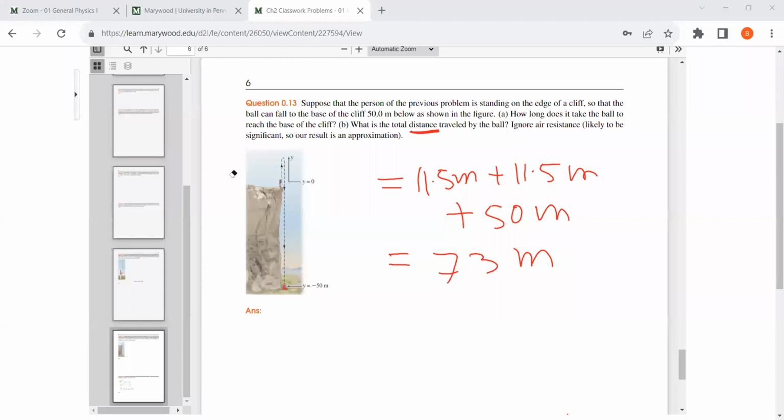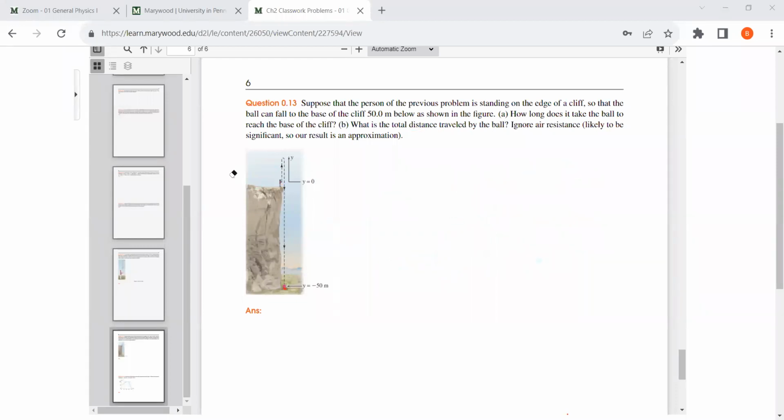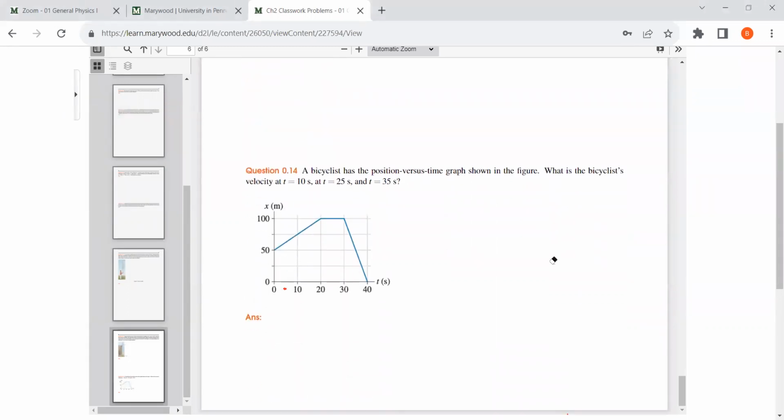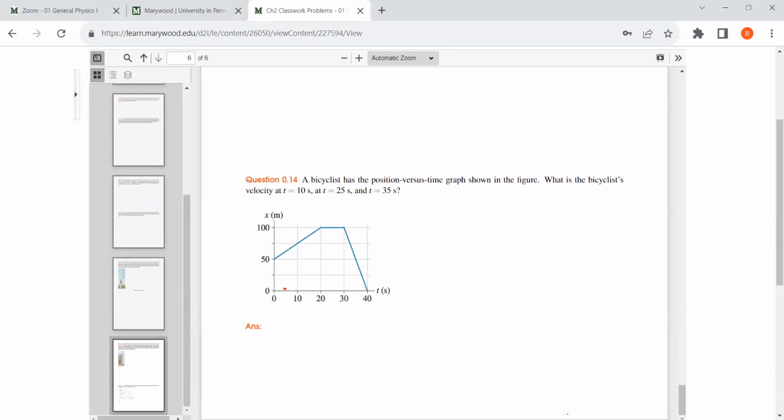All right, the last problem in this chapter is about the graphical representation of linear motion. Let's say this is the graphical representation of one of the motions.